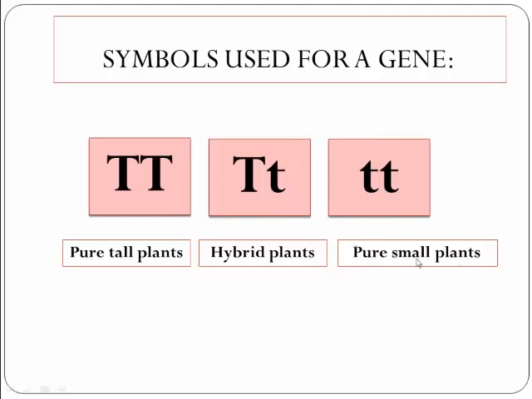Now for pure small plants, the symbol that was used was small t and small t. Now these were the symbols used for a gene. The example represents only one characteristic of garden pea, that is the stem height. There were several other characteristics, and the symbols of the other characteristics were also different.